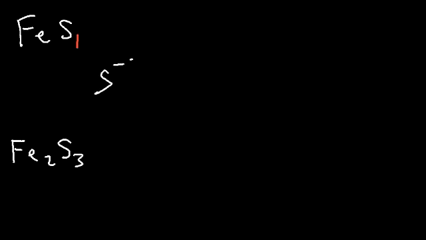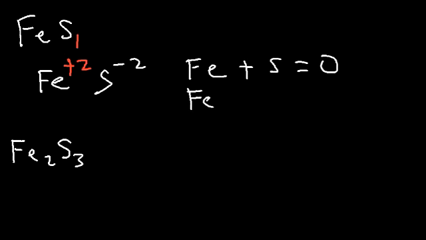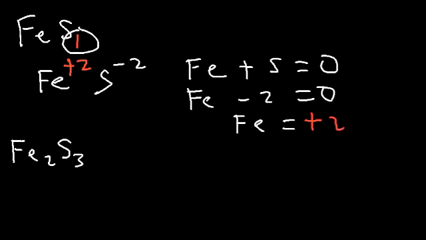Sulfur has a -2 charge, so Fe has to have a +2 charge, since they're in a 1-to-1 ratio. If you write the equation, and replace S with -2, you'll see that Fe has a +2 charge. So therefore, it's not iron 1 sulfide, rather, it's iron 2 sulfide.